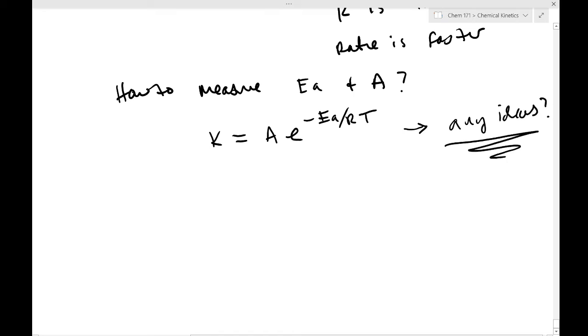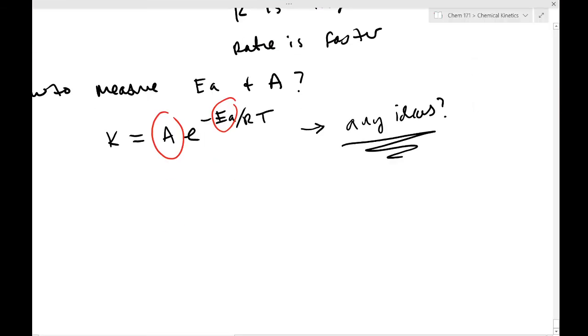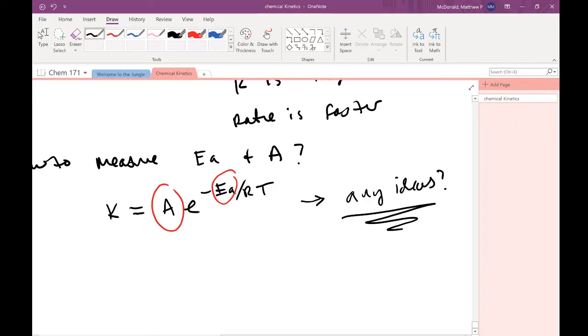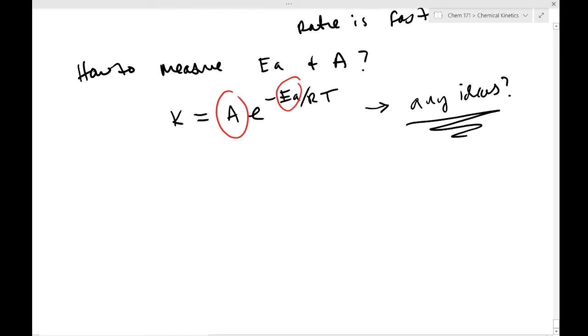Try to come up with a way that we could measure EA and A using similar things that we used to measure, for example, the rate, the rate constant, the slope, or the initial concentration. See if you can think of a way to do this.